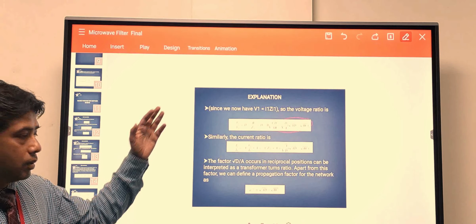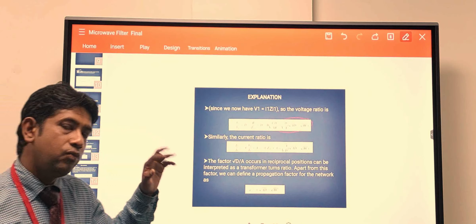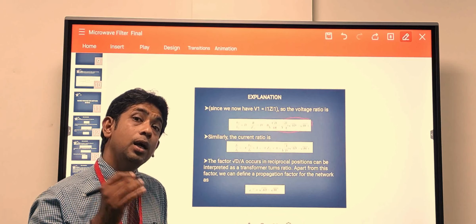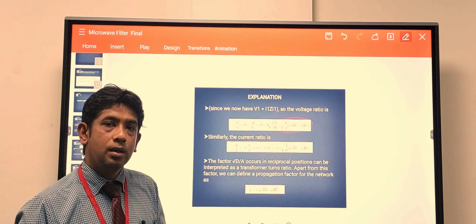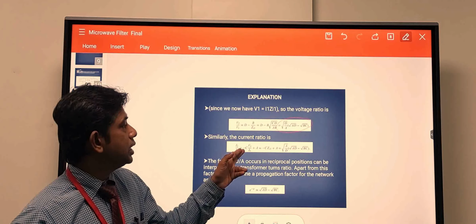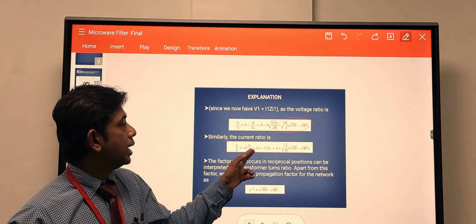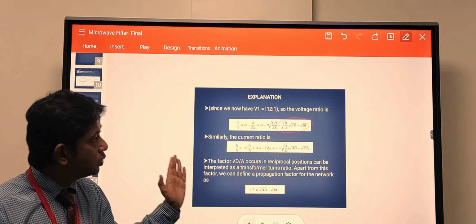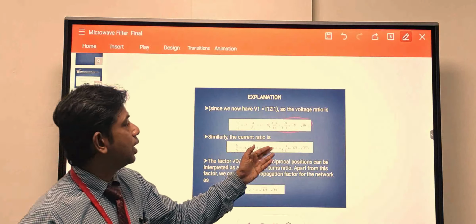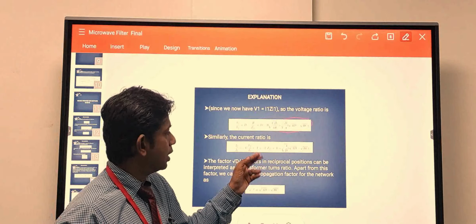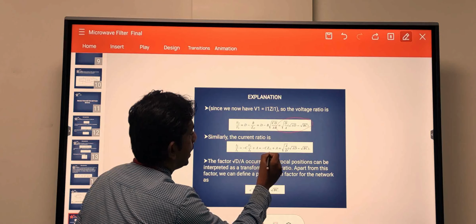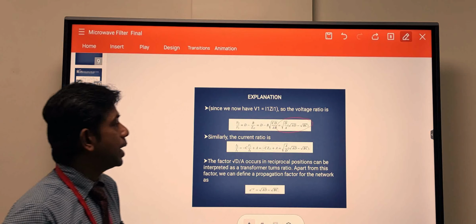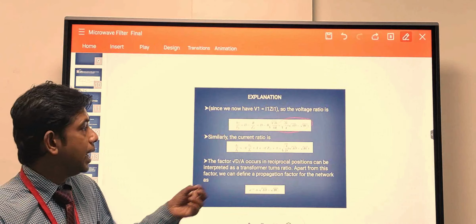Similarly, now we have got the voltage ratio. What if we want to go for the current ratio? The current ratio I2 by I1 is equal to minus C into Vi by I1 plus A. So similarly, the other changes will be reflected as well, and this will result in minus C Zi1 plus A. Same process we apply.